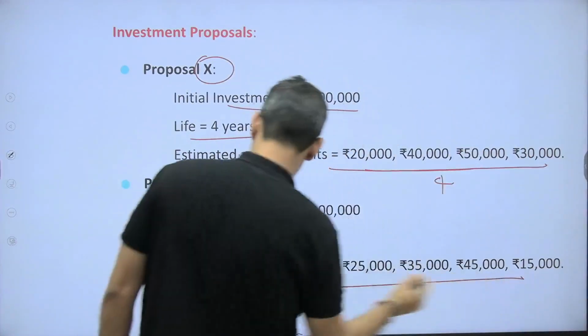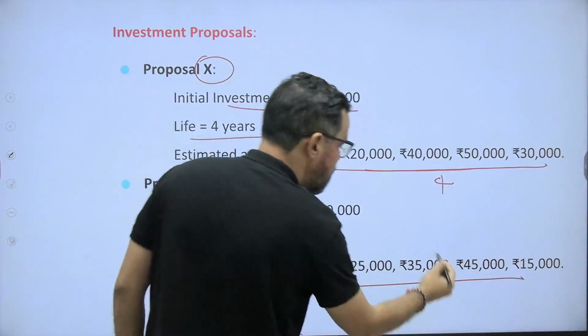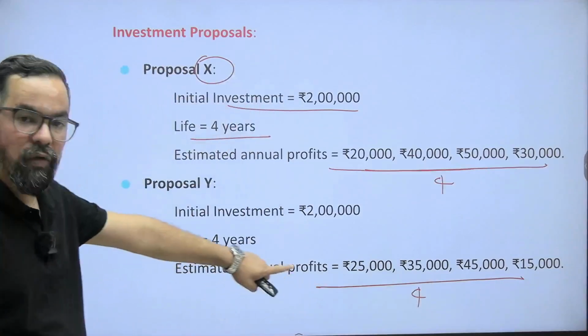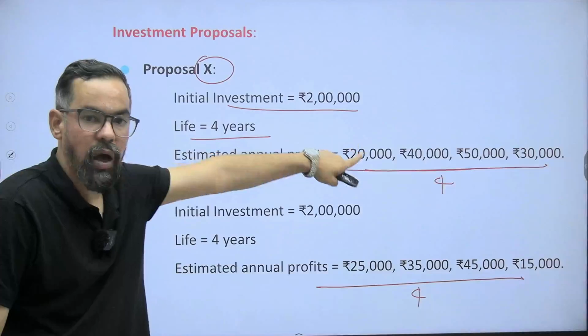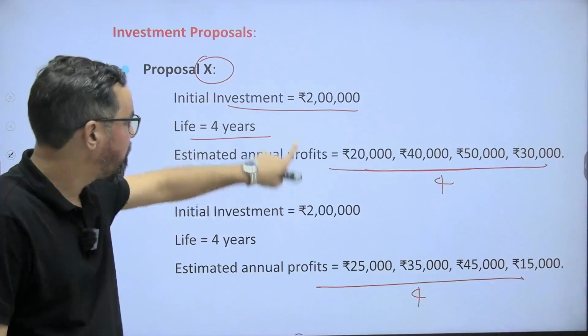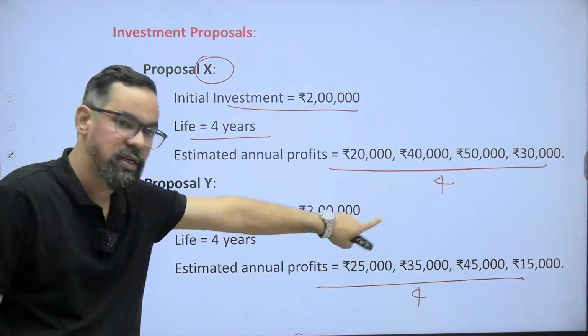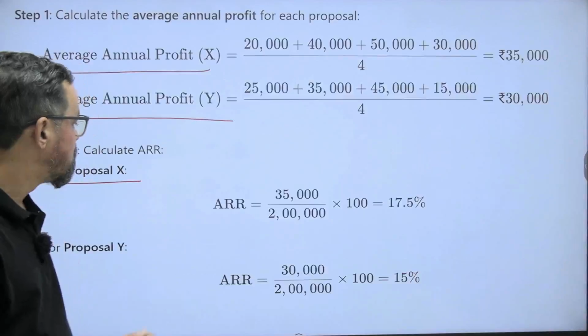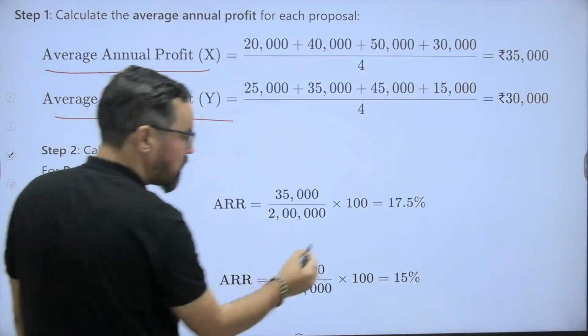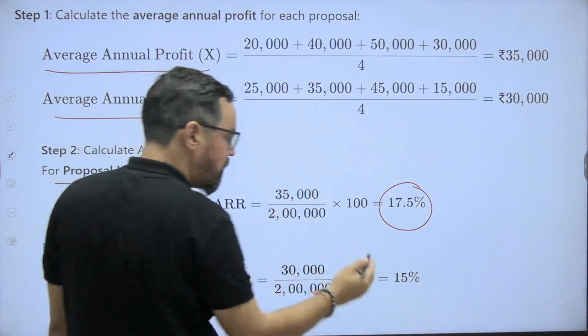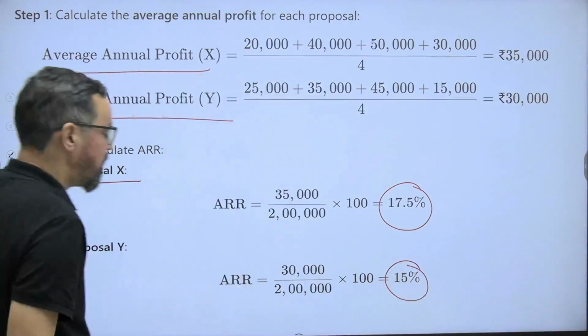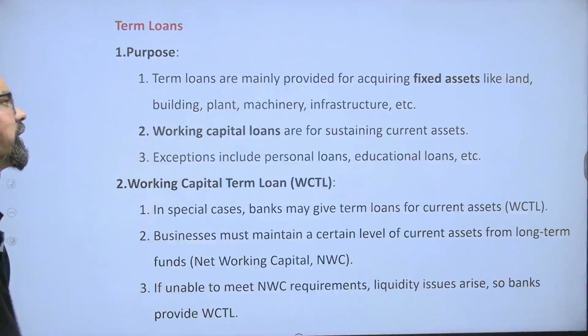So this is the average annual profit for 4 years, and this is the average annual profit for 4 years. Whatever the outcome, it is divided by 2 lakhs into 100. So it is 35,000 and 30,000. So in case of project X it is 17.5% and project Y is 15%. So we will go with project X.